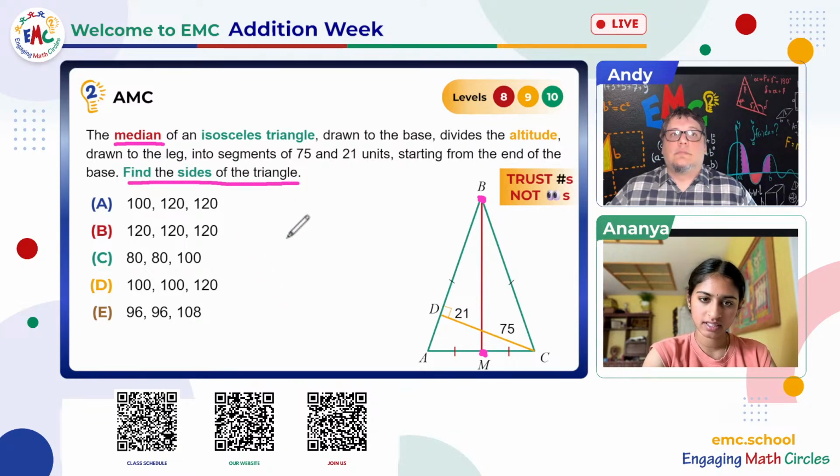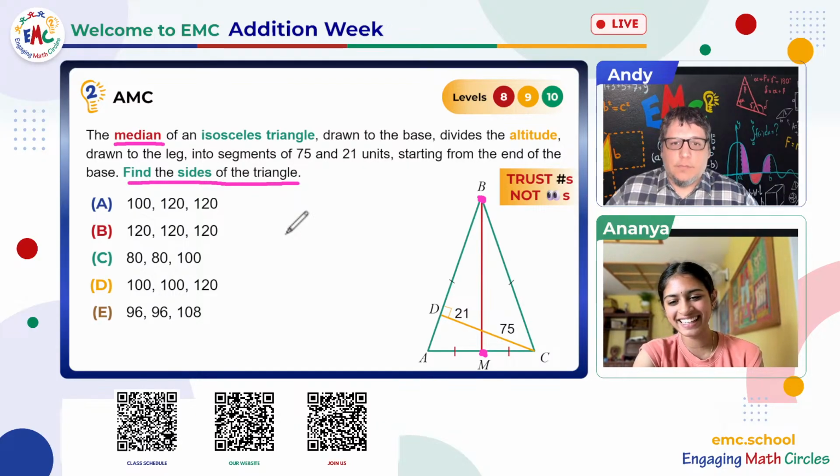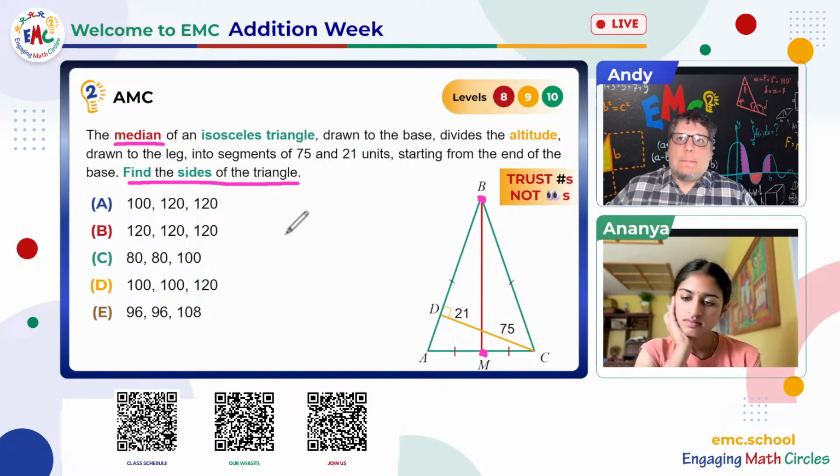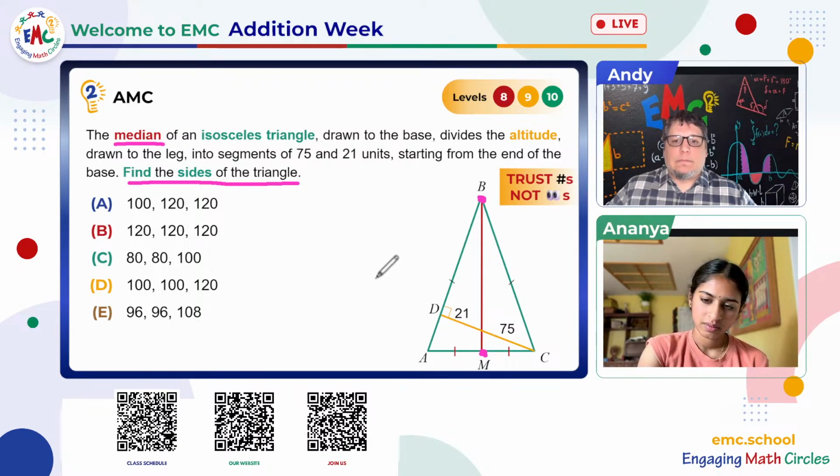Find the sides of the triangle. Where do you want to start? We know that the 75 thing makes a right triangle there, but I don't know if that's the best place to start.